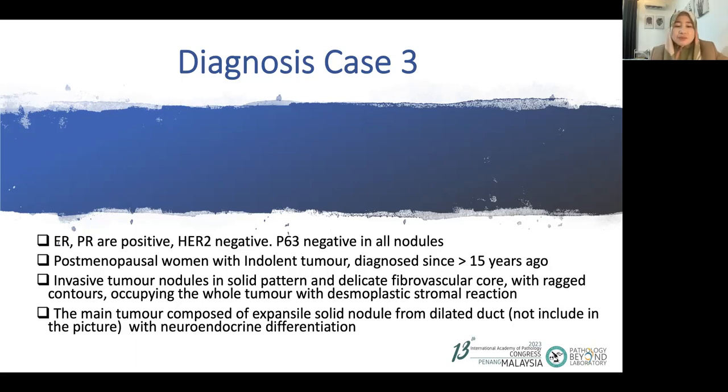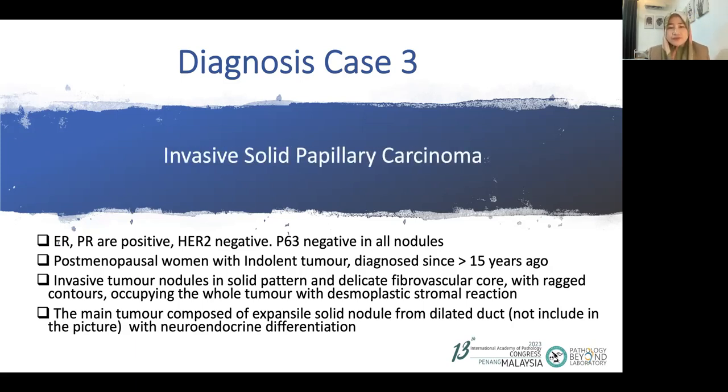The main tumor is composed of expansile solid nodules from a dilated duct, which is not included in the picture here, with neuroendocrine differentiation. So actually, this is a case of invasive solid papillary carcinoma, showing the neuroendocrine features of solid papillary carcinoma, not a neuroendocrine carcinoma.